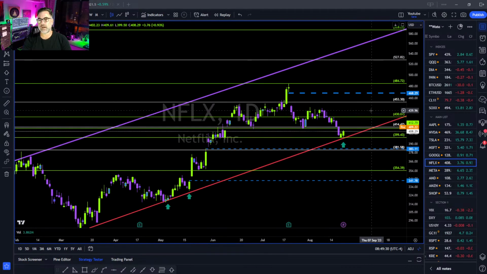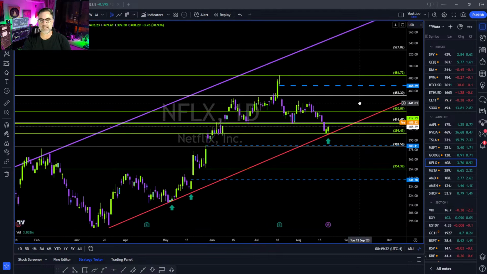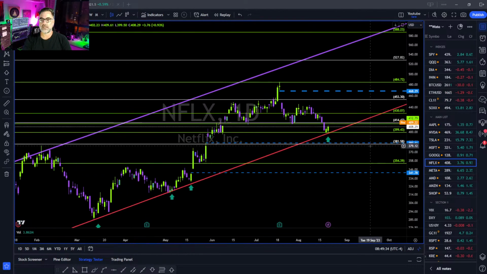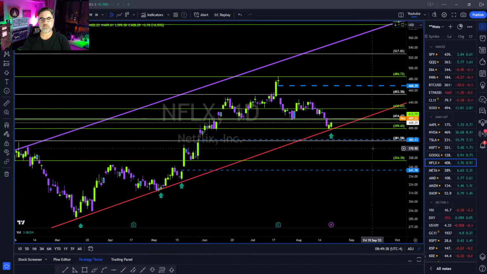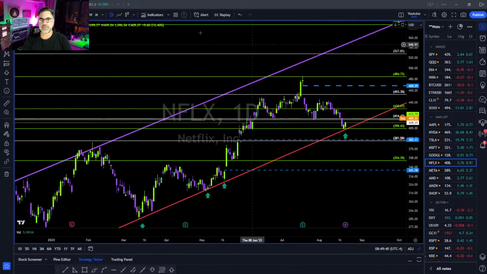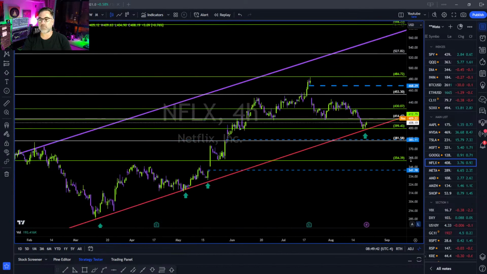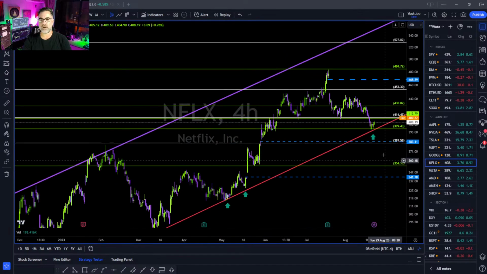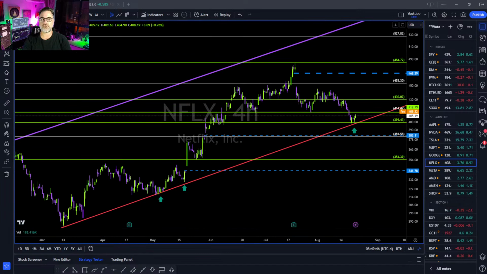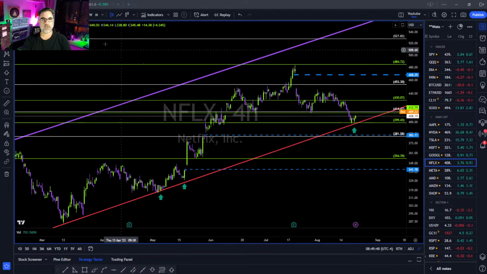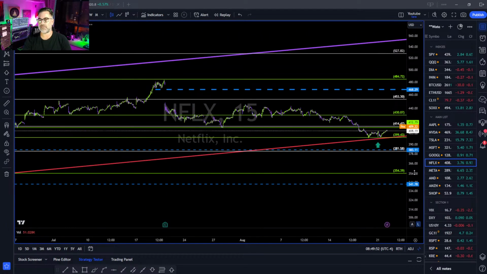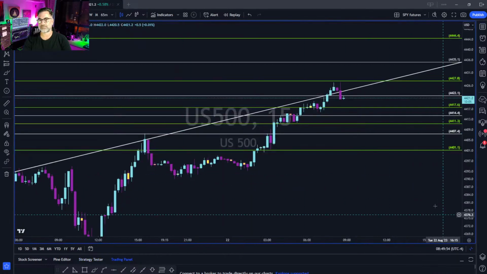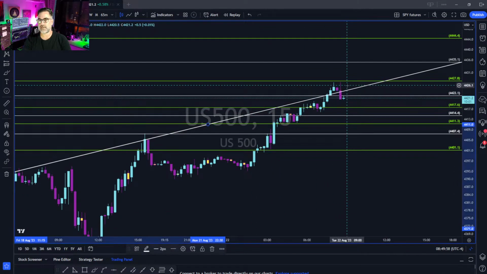Yeah, I always zoom in, I always zoom out, but it all depends on the time frame that you are trading. If you are a swing trader, anything less than the 4 hours time frame is not relevant. If you are a day trader, for me at least, I'm looking at the 15 minutes. Let's go here. Now you can see it broke to the downside.